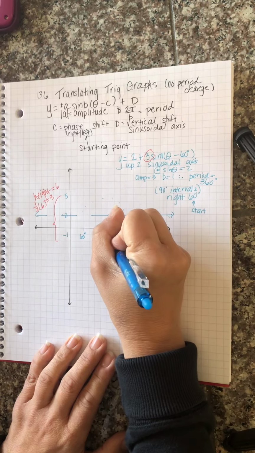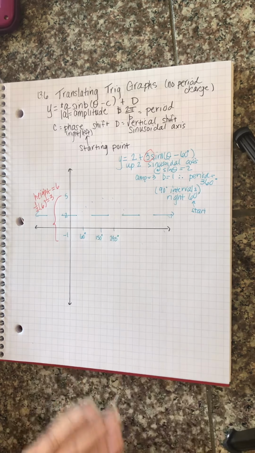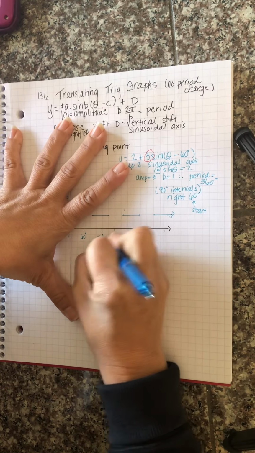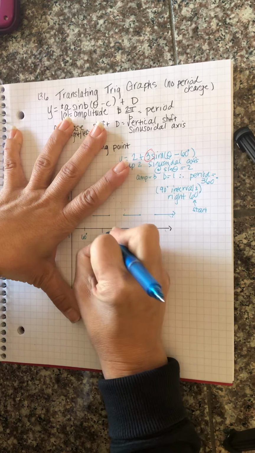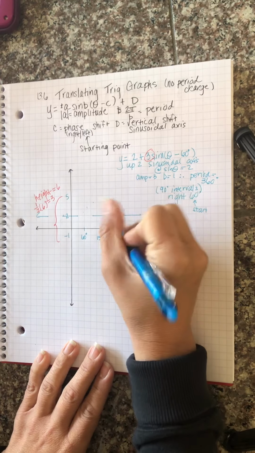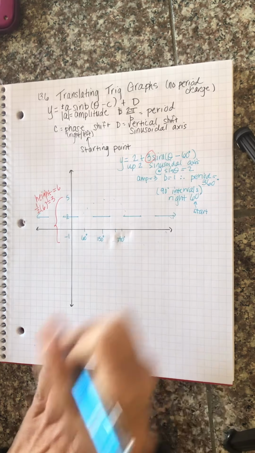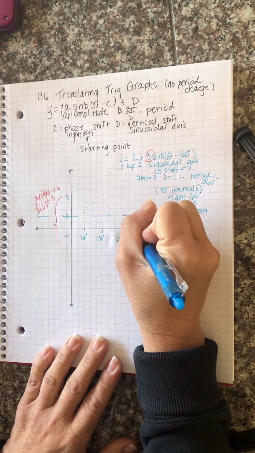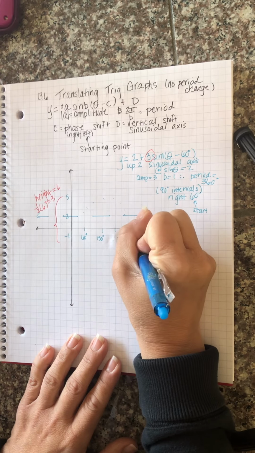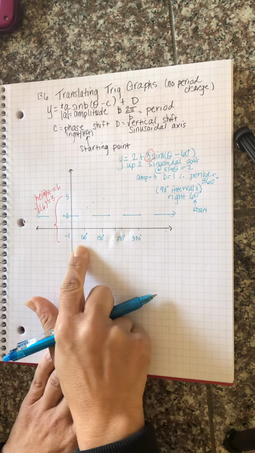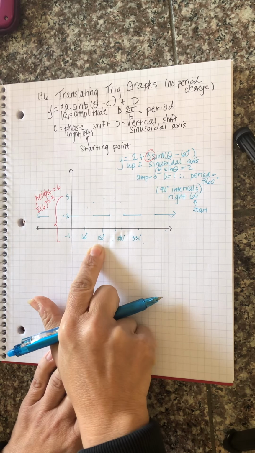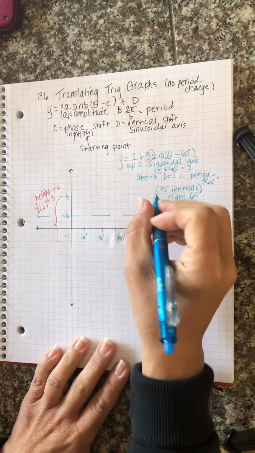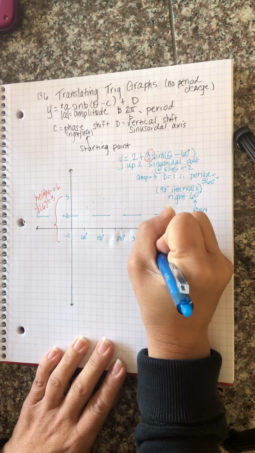Another 90 would be 240. Sorry, this doesn't look good. I know I said it doesn't matter, but it should at least look somewhat good. Add 90, I believe you get 330. Is that right? You guys aren't here to correct me. 60 plus 90, plus 90, plus 90, plus 90.